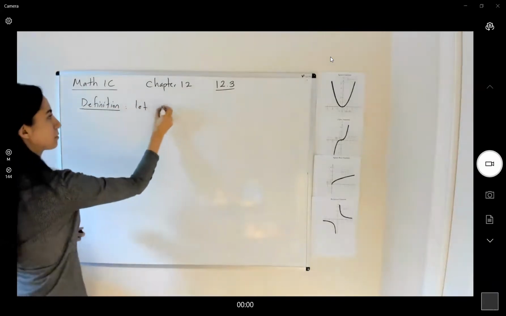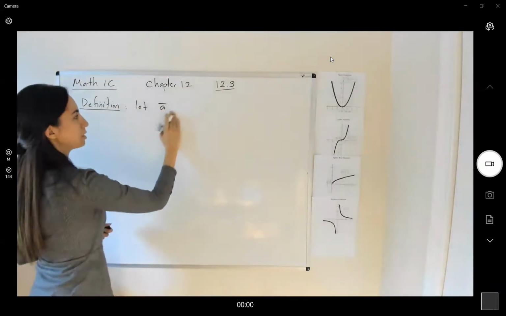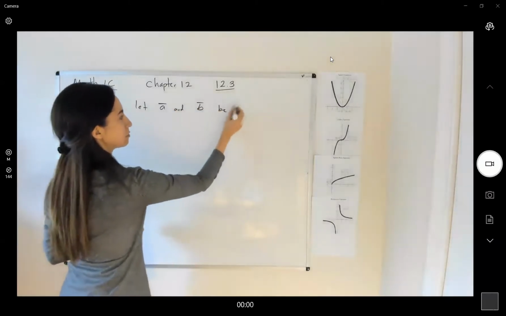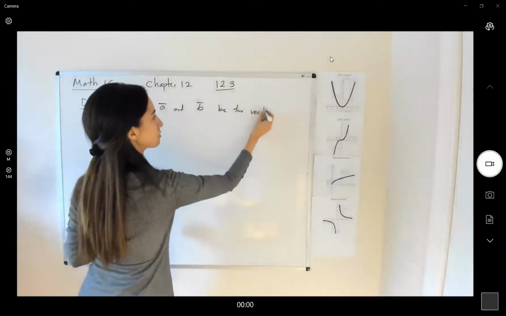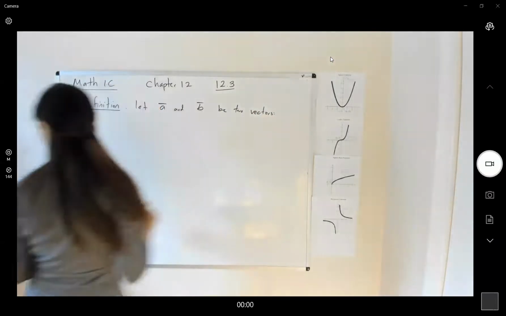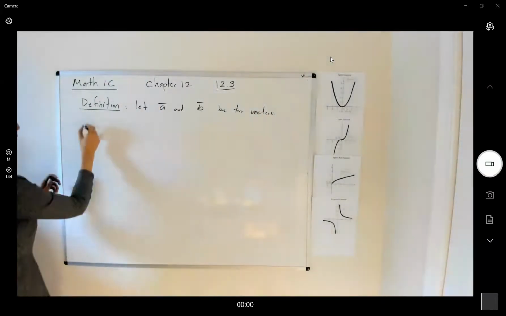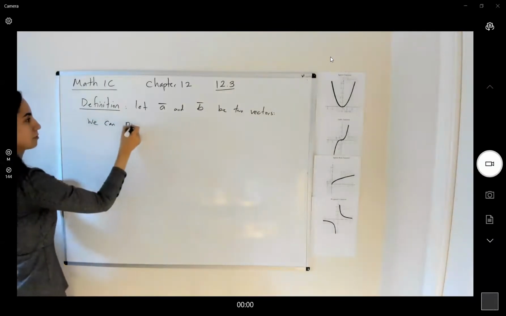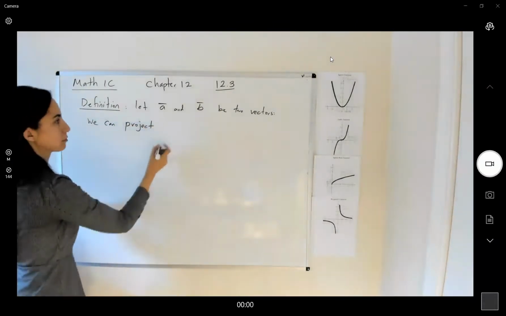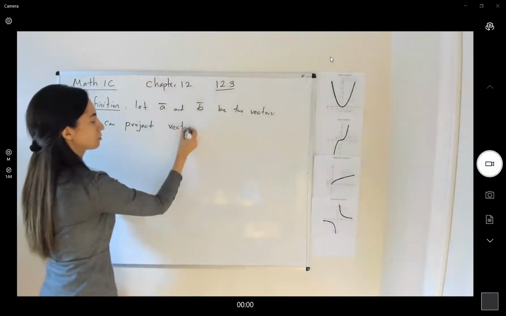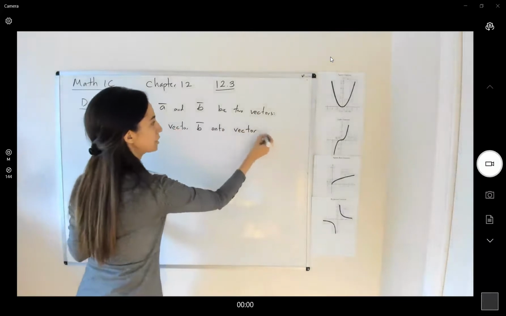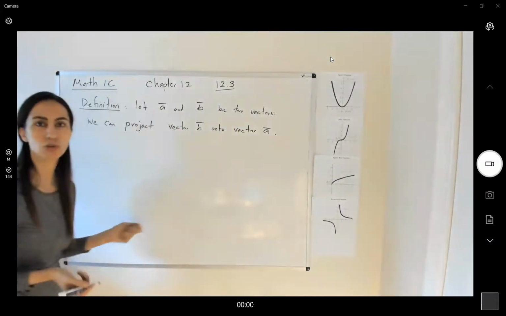Let A and B be two vectors. We can project vector B onto vector A.